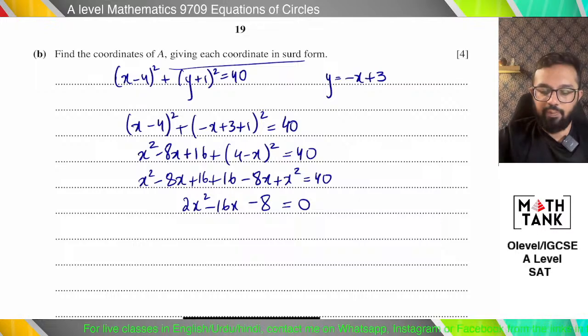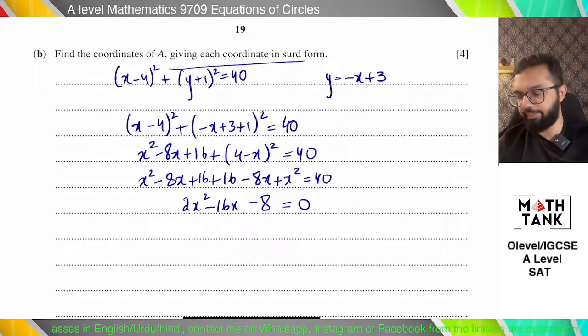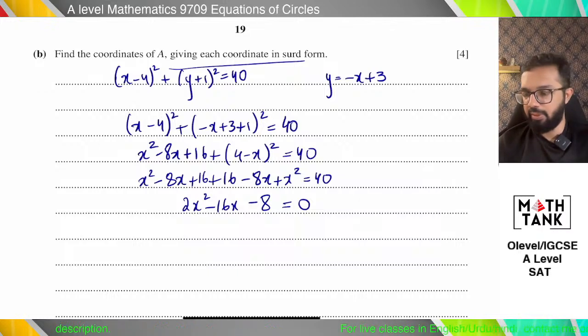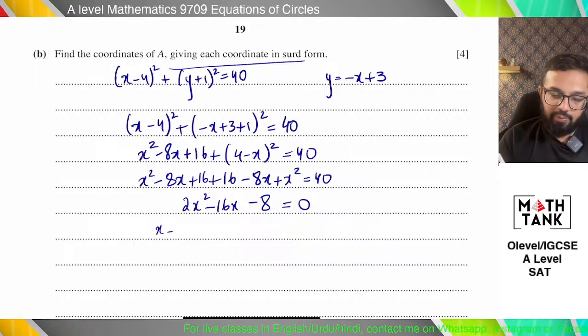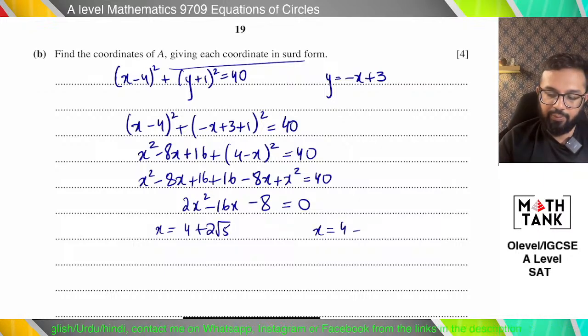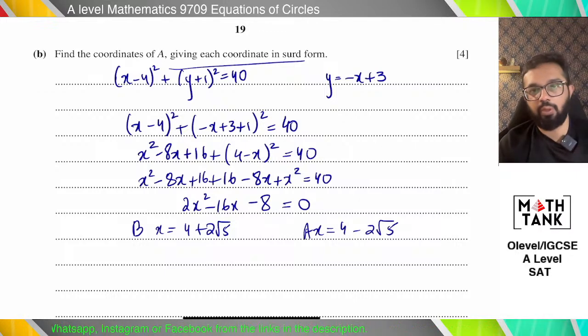Okay, I will have to put this on my calculator. Two, minus 16 and minus 8. So I'm getting x equals 4 plus 2 root 5 and x equals 4 minus 2 root 5. This is A and that has to be B because B has a bigger x coordinate.